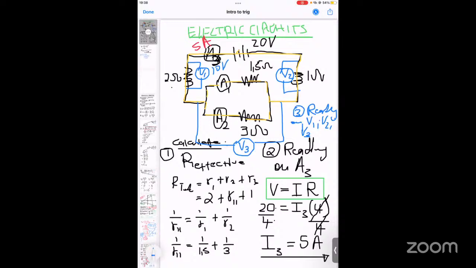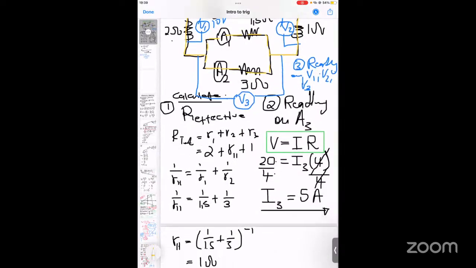When it comes to V2, the current passing through there is the one for 5 amperes, that yellow one. So everywhere in solid yellow is 5. The reason we use 5 is because where V2 is connected, the current passing through there is 5.